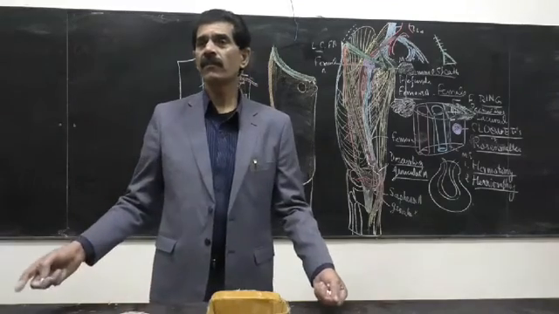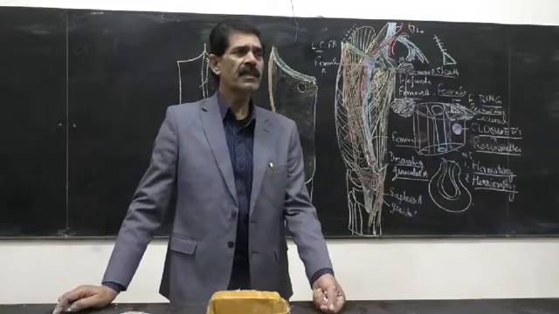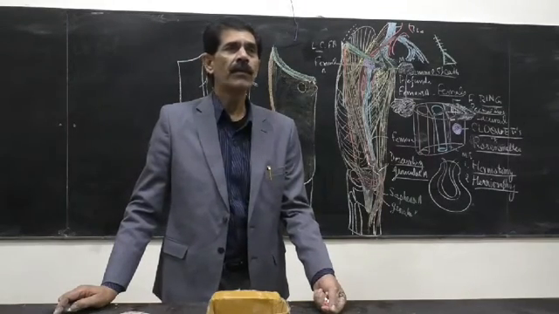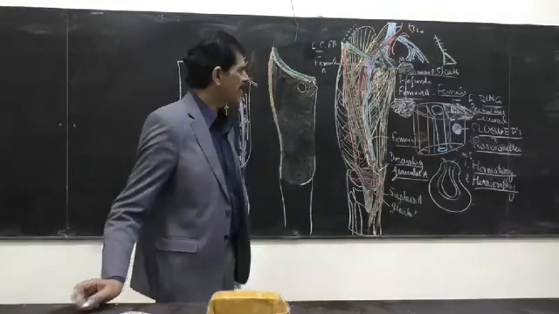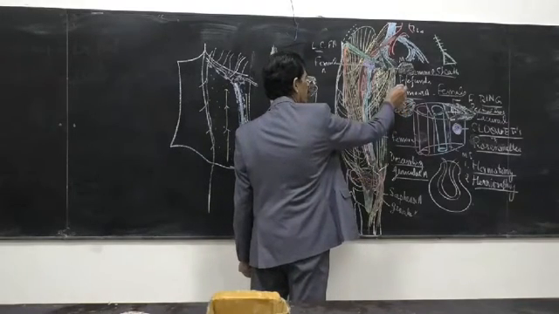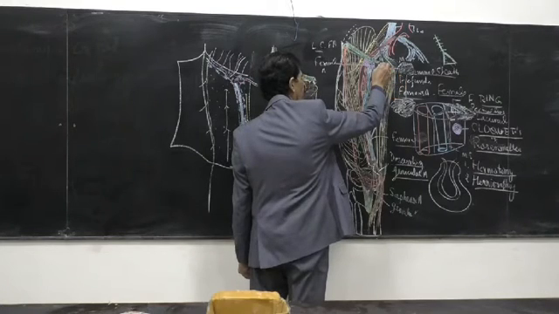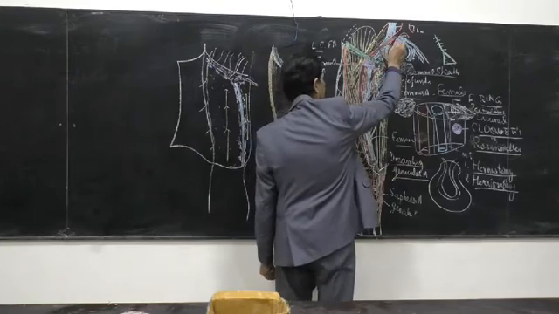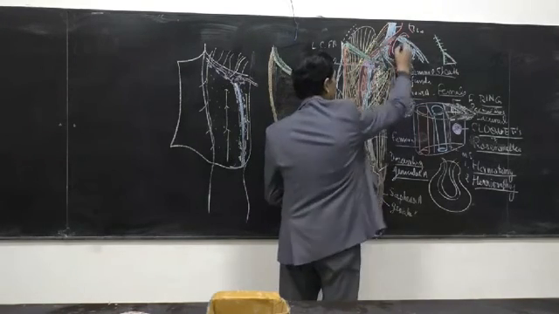If a surgeon fails to remove the lymph node, then after 6 months the cancer will spread to the whole of the body and the patient will die. Because the cancer cells from the glans penis have already gone into that lymph node. And from this lymph node they travel into the lymphatics, which are interconnected.